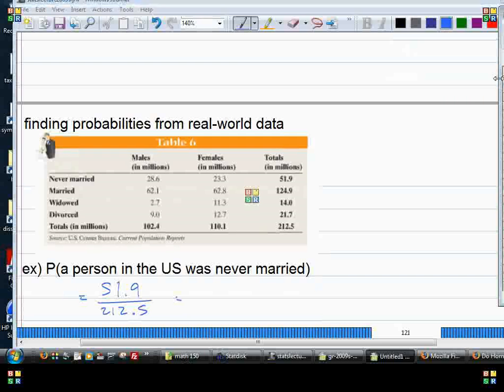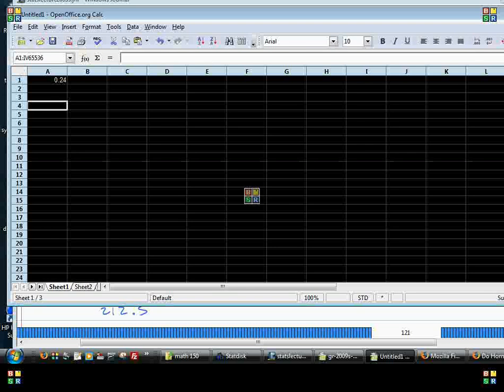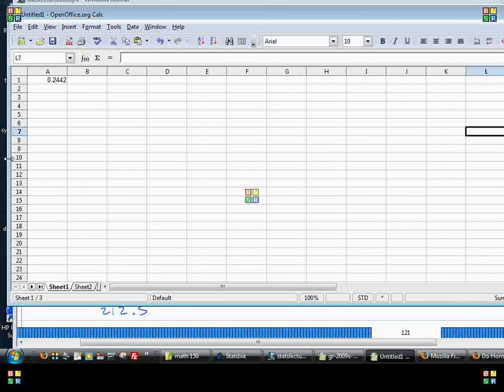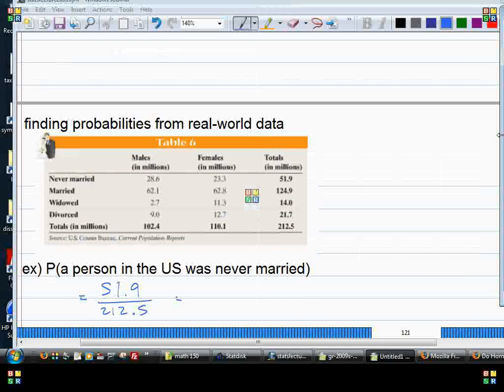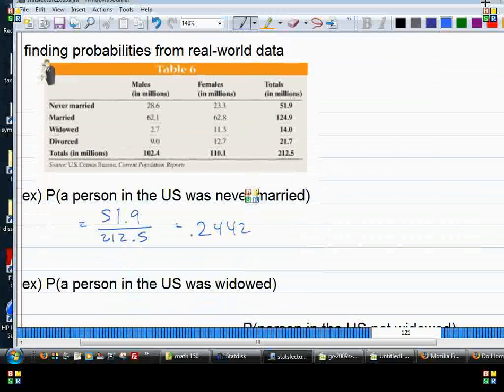So that gives you 0.2442. Okay, next. What is the probability a person in the US was widowed?